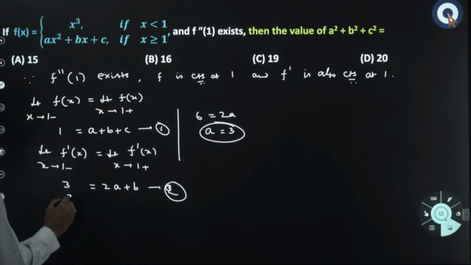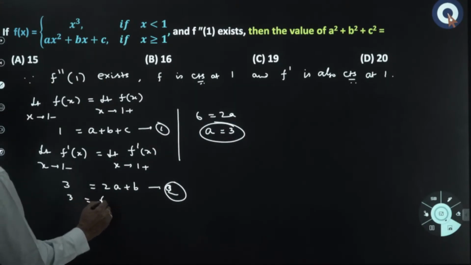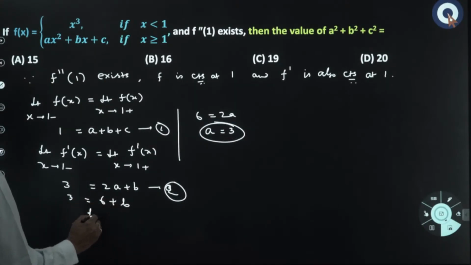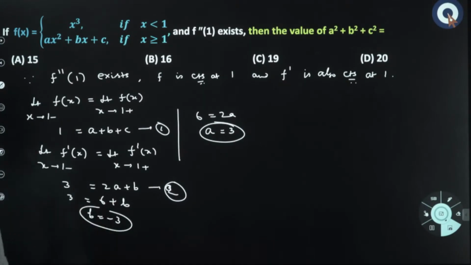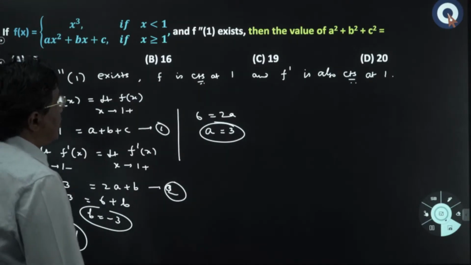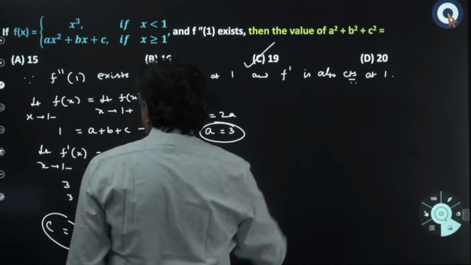If you put it here, 3 is equal to 6 plus b, or b is equal to minus 3. So therefore a plus b plus c, so we have c is equal to 1. So a is equal to 3, b is equal to minus 3, c is equal to 1. So you want a square plus b square plus c square, 9 plus 9, 18 plus 1, 19. So the required answer is 19, right?